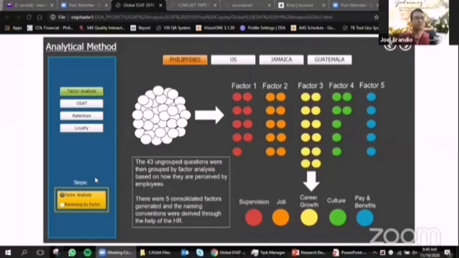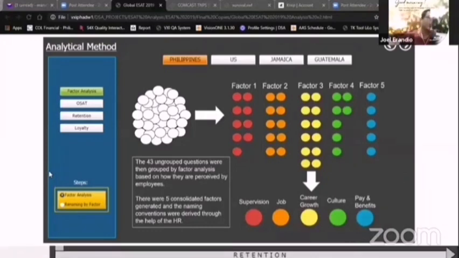Okay, this is a continuation of what I presented, the loyalty matrix. I just cropped it because we had sensitive information before that, so I just took a screenshot of the loyalty portion.